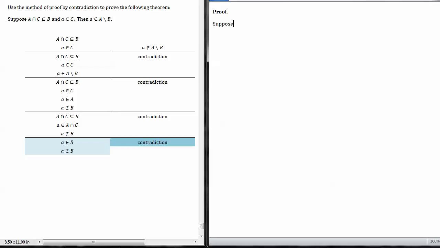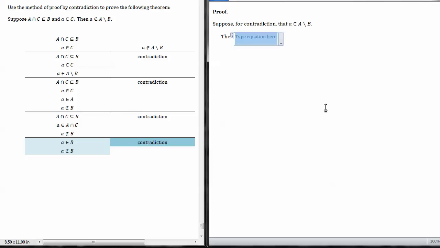So the way we introduce a proof by contradiction is to say what we are supposing or assuming, in this case, that A is in A minus B. So suppose for contradiction that A is in A minus B. The first thing we did was to write out the definition of that.